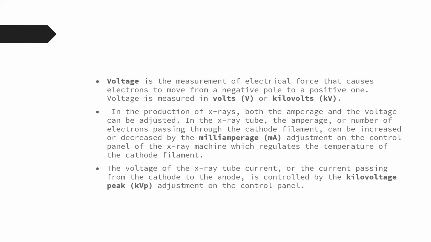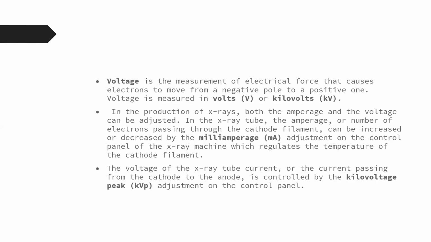So in the X-ray tube, the amperage, or the number of electrons passing through the cathode filament, can be increased or decreased by the milliamperage adjustment on the control panel of the X-ray machine, which regulates the temperature of the cathode filament.